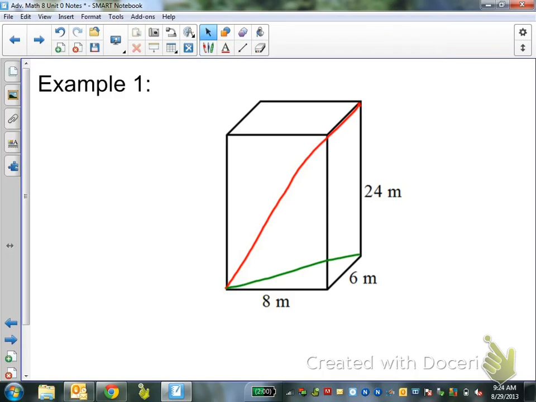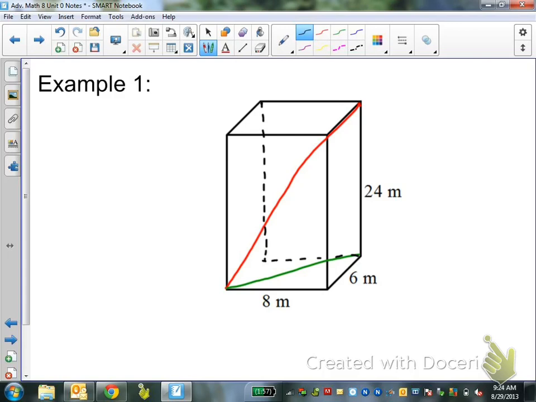What might help you visualize this is to draw dotted lines to indicate the spots that we can't see. So you're going to go from this back corner and draw a dotted line straight down. And then from the back of the base, draw a dotted line across.